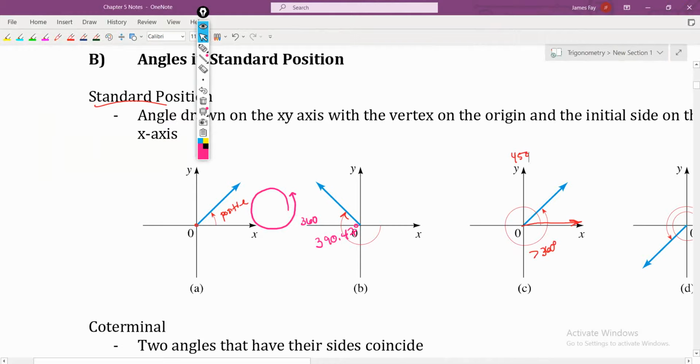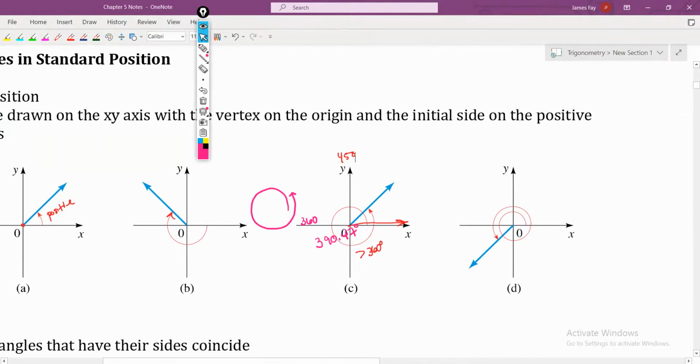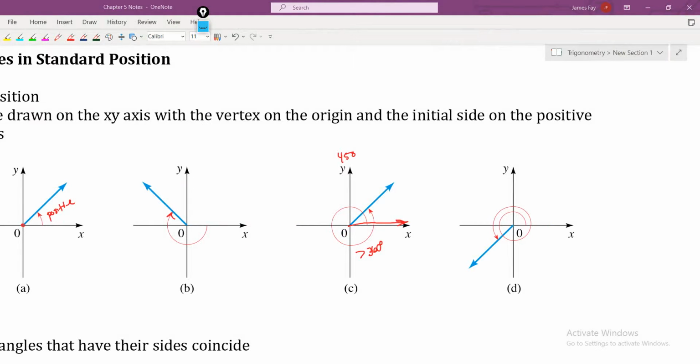However, that sometimes becomes a problem. We're going to address that in a little bit, how we can make our work easier if we do have an angle that's bigger than 360. For this one here, we go around, there's 360 degrees from here to there, and then go another 90, so there's 450. Go another 90, so that's 540.